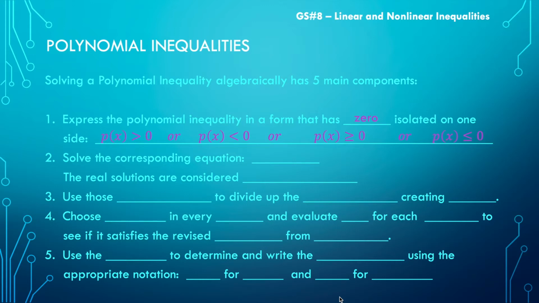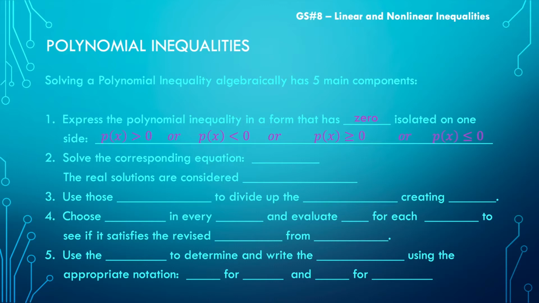So 0 is on the other side, all the other terms are on one side. And as long as the 0 is on one side and the polynomial is on the other, it doesn't really matter what this looks like. We can have less than or greater than, or less than or equal to, or greater than or equal to. We just want to set it up that way.